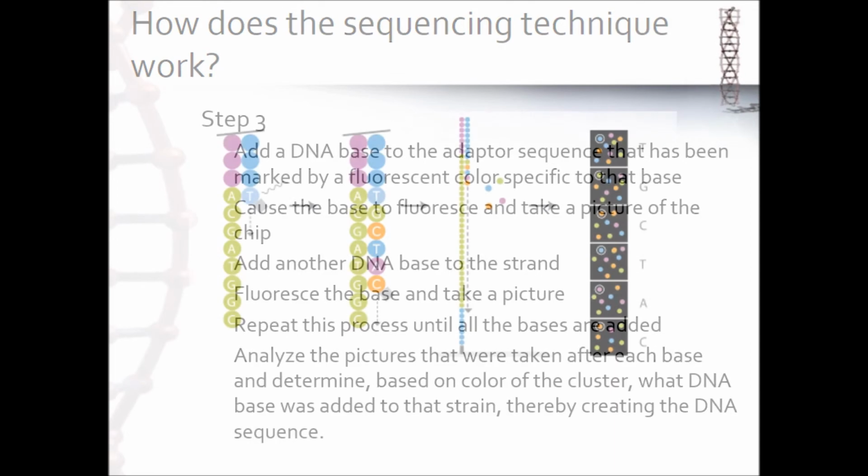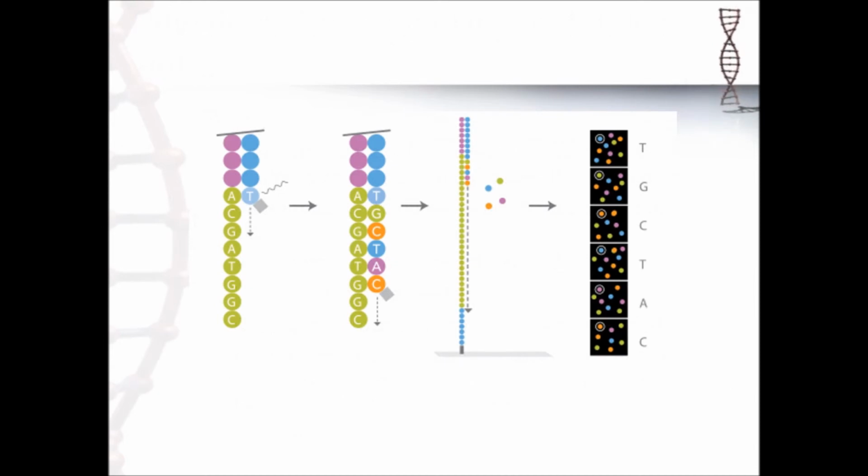This is a diagram for step 3. The adapter sequence is at the top of the strand in blue, and followed by the first base, which is in this case a T, and it fluoresces blue. On the far right, the picture that's taken at the top of that cluster is blue, and so you would know that that first base is a T. This continues.